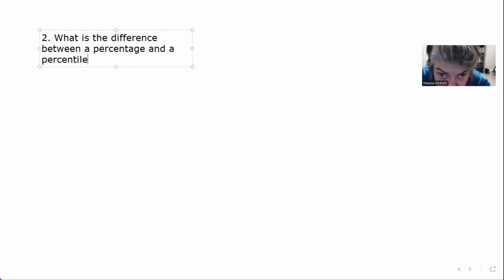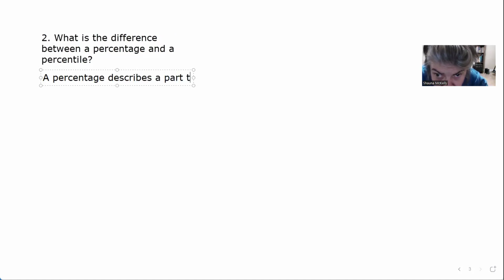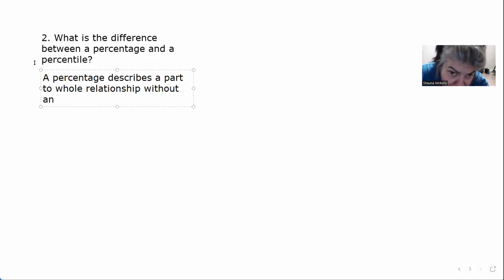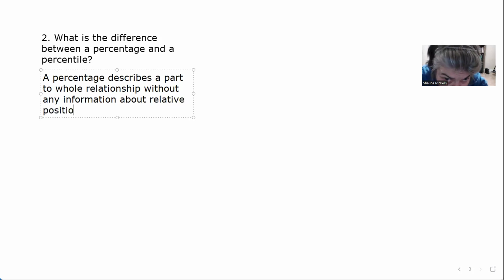Okay, well, a percentage describes a part to whole relationship without any information about relative position.